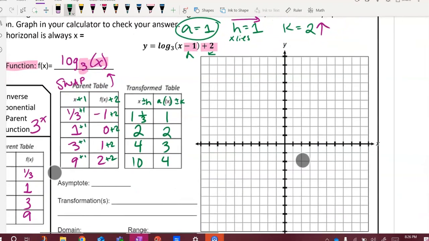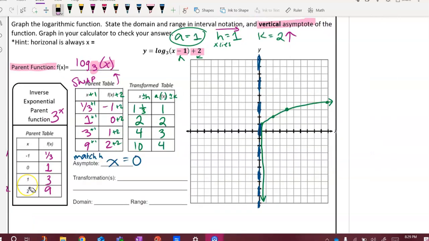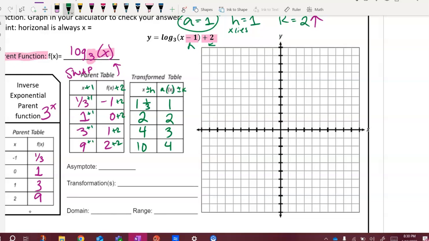Now let's go ahead and graph our new table. So we have 1 and 1/3, 1. Then we have 2, 2, 4, 3, and 10, 4.